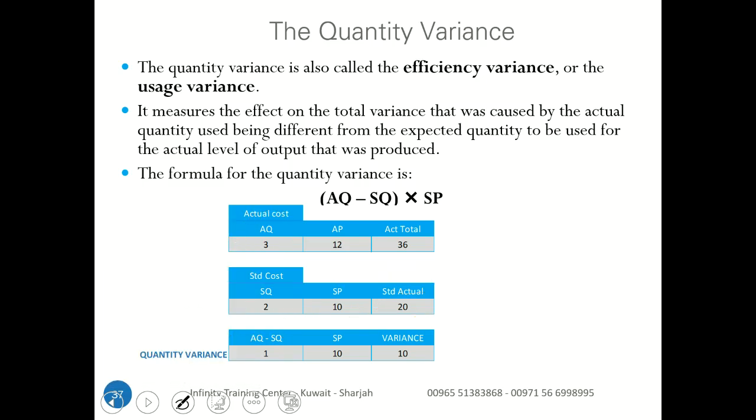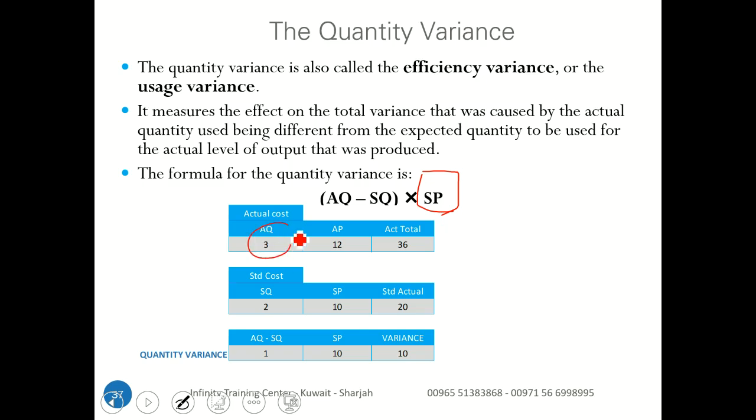Now, who is responsible for quantity? We said the production manager is responsible for quantity. Is he responsible for the price? No. So in this case, what we will consider is the standard price. Here we are not finding the variance because of price. We are just considering the quantity only.